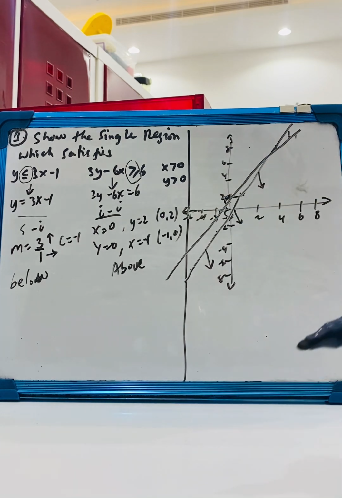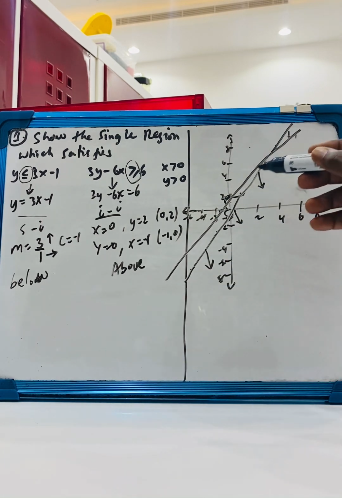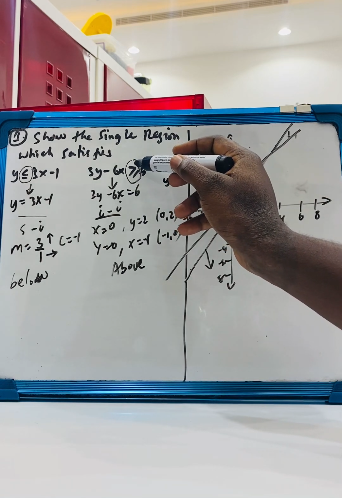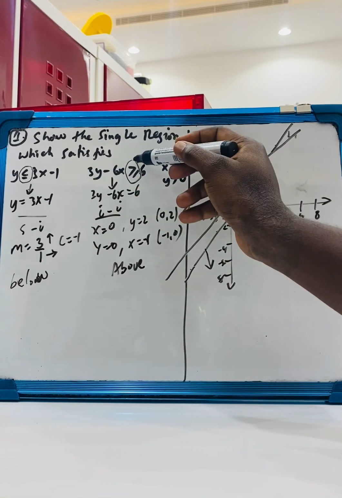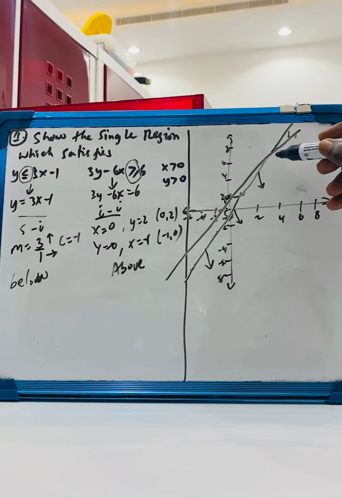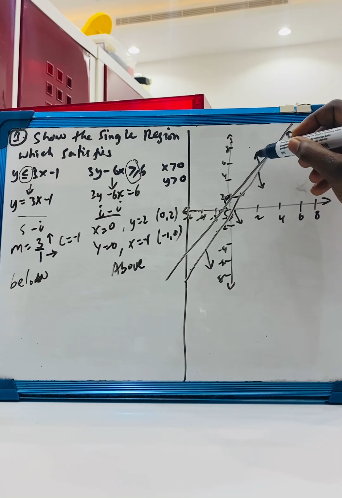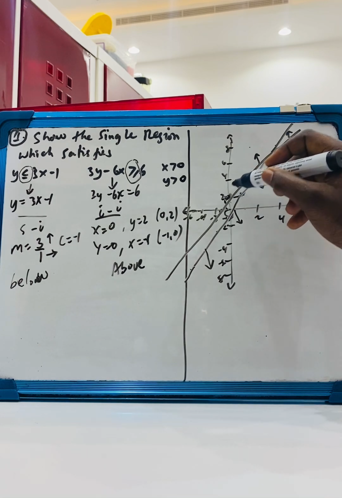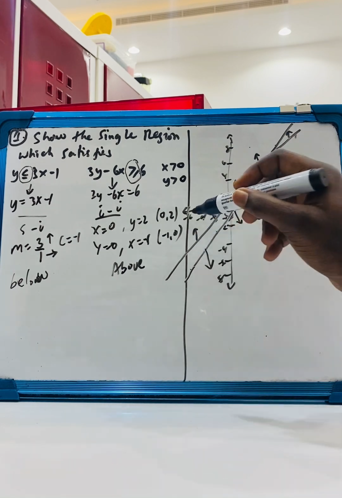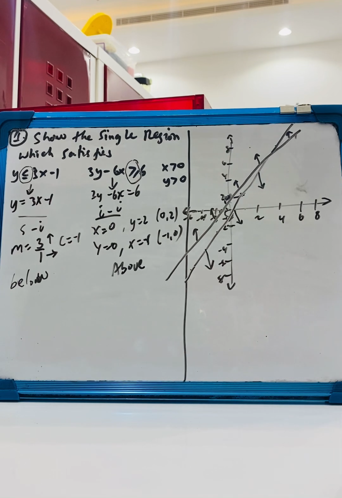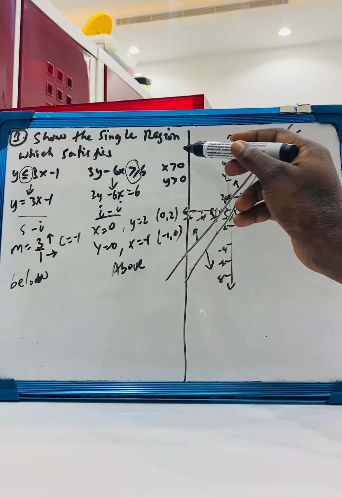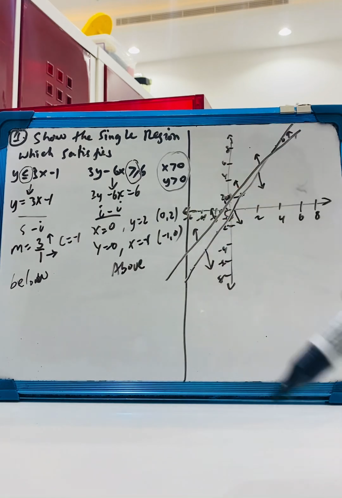Because the sign of the inequality here is greater than or equal to, I have to be above that line always. Above this line, above this line. Don't forget, we still have to be below the first line.